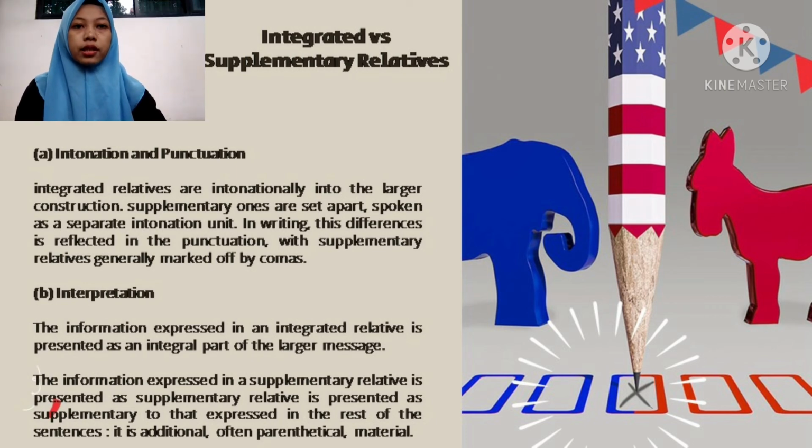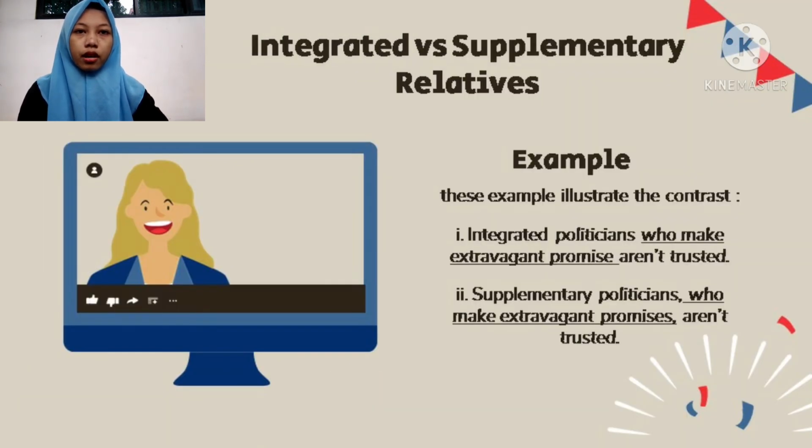Next, interpretation. The names we have given to the two types of relative clause directly reflect the difference in meaning. In the integrated example, "Politicians who make extravagant promises are not trusted," the relative clause serves to restrict the denotation of the head noun politicians.